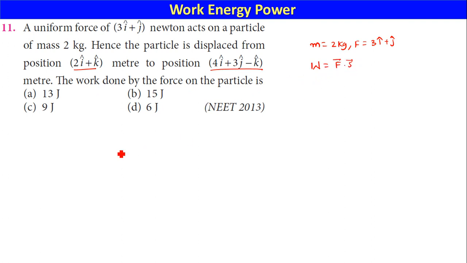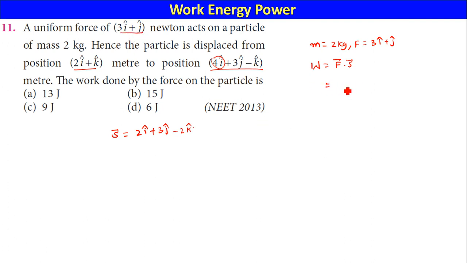Now you need to find the displacement vector, that is nothing but final position vector minus initial position vector. 4 i cap minus 2 i cap is 2 i cap, plus 3 j cap, minus k cap again, so it is going to be minus 2 k cap. All right, so the force is this much.